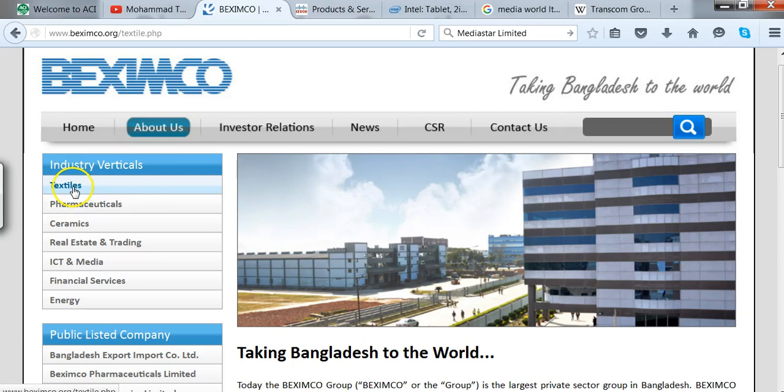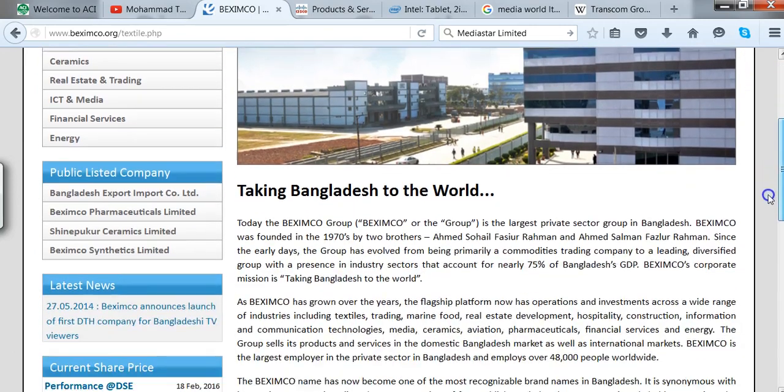But then they moved to the textile business, pharmaceutical business, ceramics business, real estate and trading business. Trading is their original item, but they are also in real estate, ICT and media, television. They have televisions, newspapers, magazines, financial services, banks, insurance companies, energy business, power plants, and all this stuff they have.